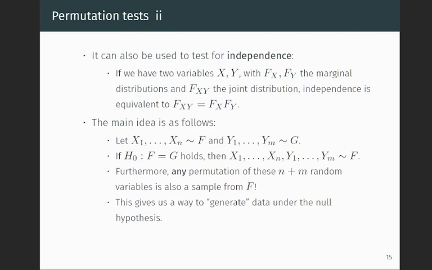So x1 to xn and y1 to ym are all coming from f. Furthermore, any permutation of these random variables is also a sample from f of the same size, because we're assuming f and g are the same. And so this gives us a way to generate data under the null hypothesis. Any permutation of the data will give us a sample from the same distribution under the null hypothesis.